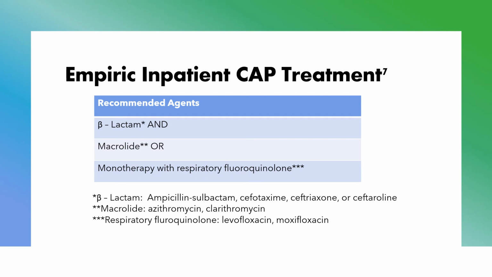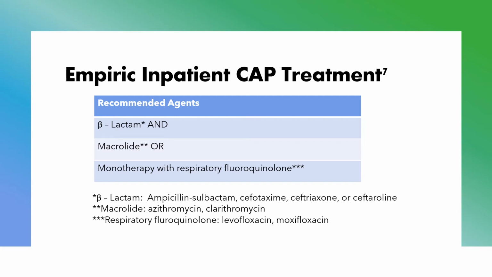This table shows the recommended antibiotic agents for empiric inpatient treatment of non-severe CAP, according to the IDSA guidelines. It is recommended to use a beta-lactam in combination with a macrolide. Studies have shown that addition of a macrolide to beta-lactam therapy is associated with better clinical outcomes for patients with CAP.